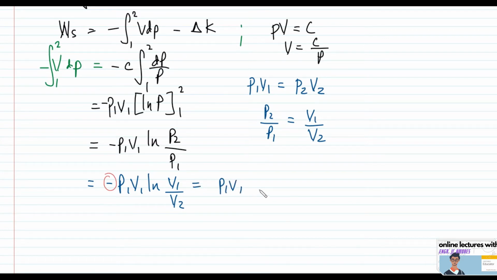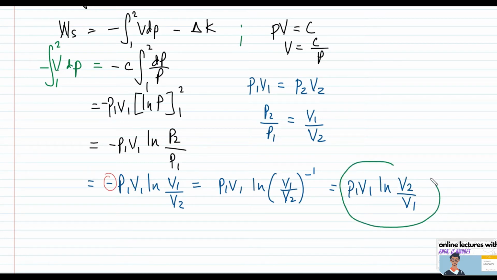So that would be P1V1 ln of V1 over V2 raised to negative 1, which is P1V1 ln V2 over V1. We have already encountered this formula for the non-flow process, and that is actually equal to your non-flow work. So we can conclude that if you are not given the change in kinetic energy, your steady flow work is also equal to your non-flow work.